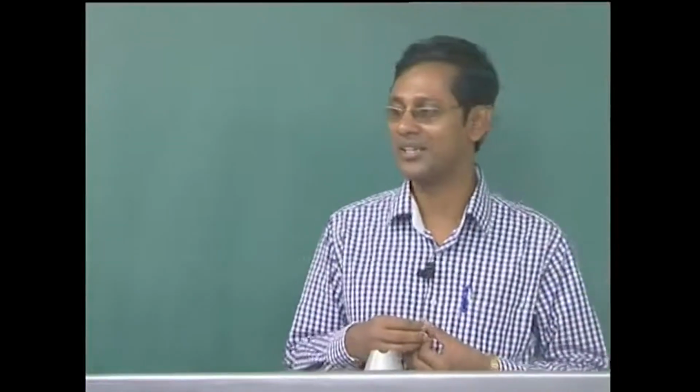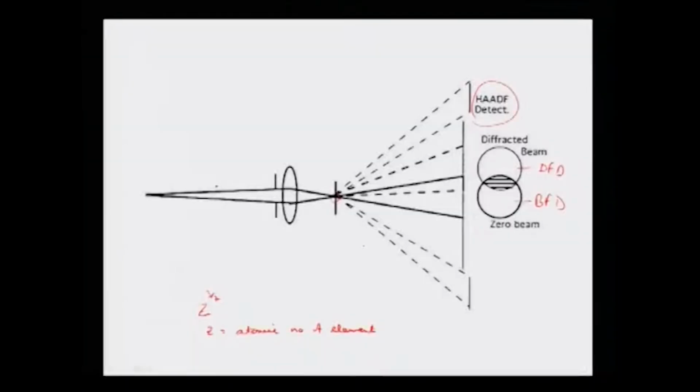I showed you the example of strontium titanate in the last lecture, with strontium, titanium and oxygen appearing differently. So, you do not actually need the HAADF detector that way. This is another advantage of STEM. STEM has changed the whole color of electron microscopy so much.